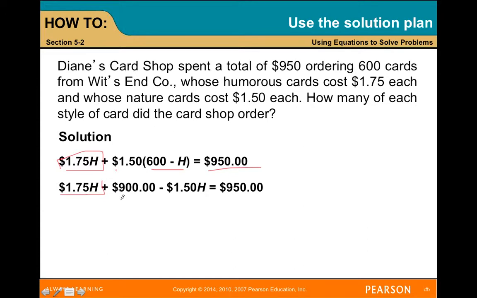$1.75 H plus 900 minus $1.50 H, because remember, $1.50 times 600, $1.50 times H, and that equals 950.